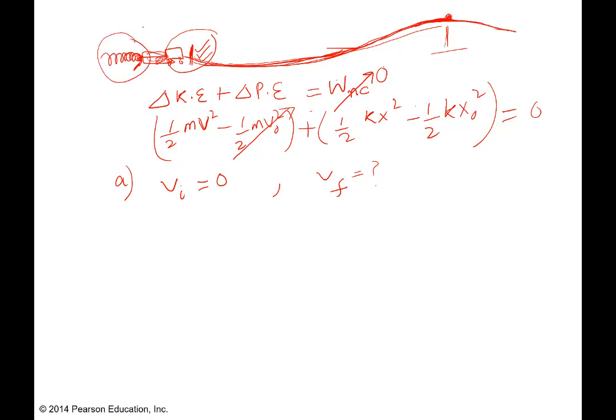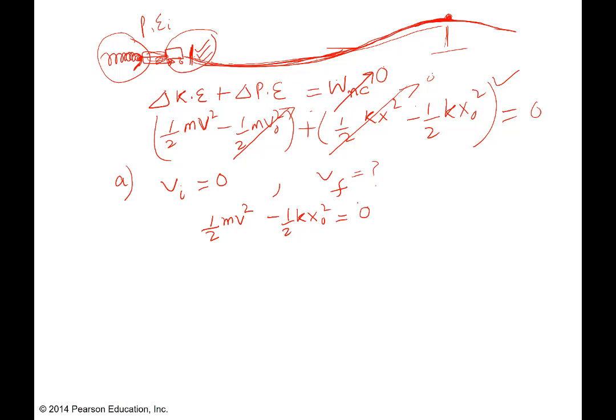Energy is stored in the elastic potential energy, and once it is released, the kx squared will be 0, because when it is released, it comes back to its own position. So what are the quantities that I have? 1/2 mv squared, and minus 1/2 kx squared, where x is equivalent to 0.